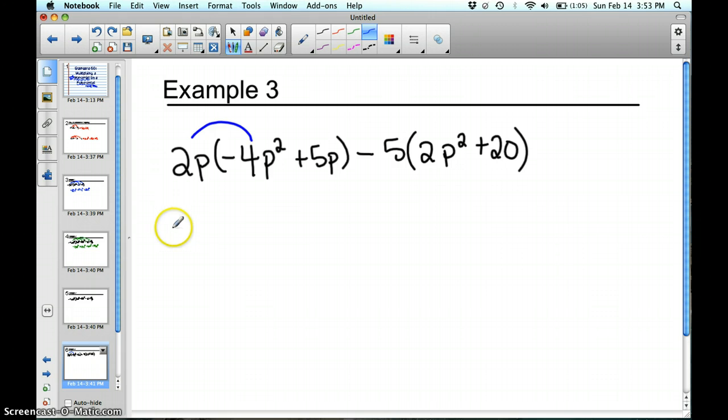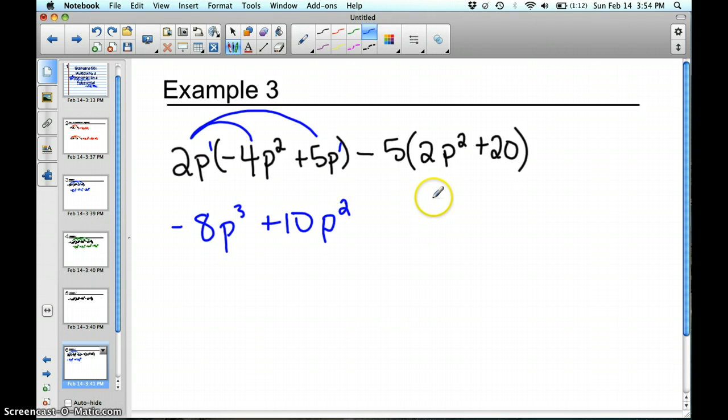So 2 times negative 4, that's going to be a negative 8. This p is like to the 1st power, so p to the 1st power times p squared is going to give me p cubed. And then we're going to do 2p times 5p, and that's going to give me positive 10p. Again, that one's like to the 1st power, so I'm going to have p squared.